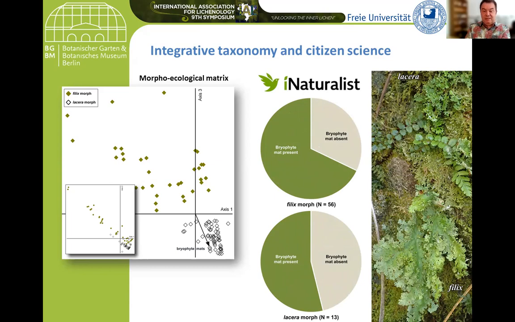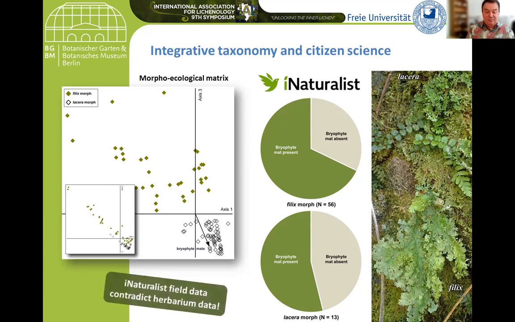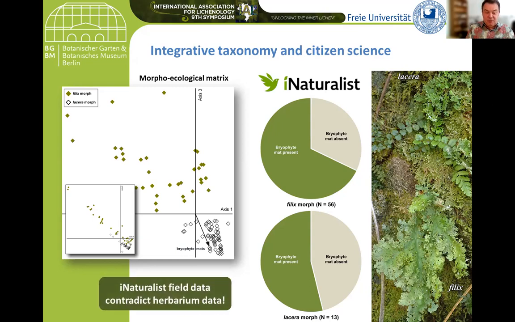So, quite the opposite of what we found in herbarium samples, and not rarely the two grow close together. So the argument of an ecological modification went out of the window. But very important, the iNaturalist data contradicted the herbarium data. This is a nice example where you can incorporate citizen science into a scientific study. We still don't know what's going on here.